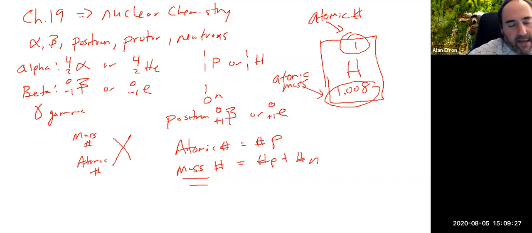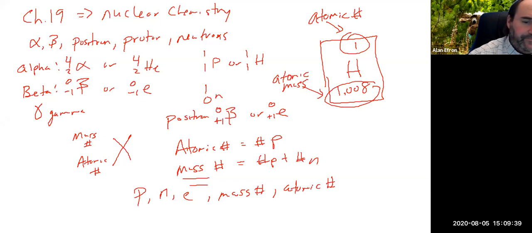When you figure out how many protons, neutrons, electrons, mass number, and atomic number, essentially all of those should be positive whole numbers. Obviously, if you look at a periodic table and see those numbers on the bottom, they are definitely, in most cases, not whole numbers. They have a lot of decimals, and those are the atomic masses.